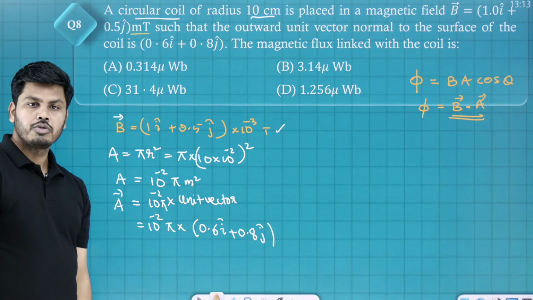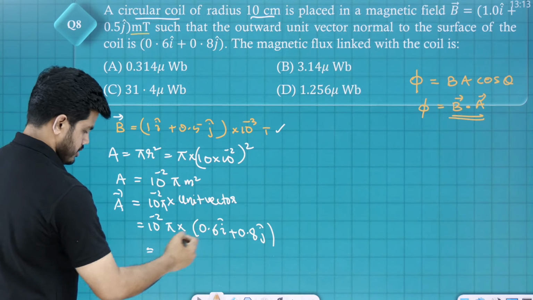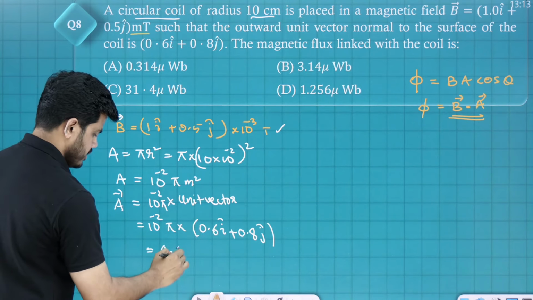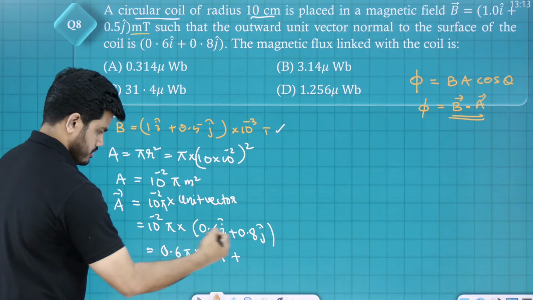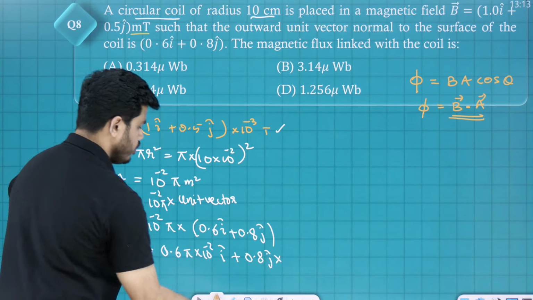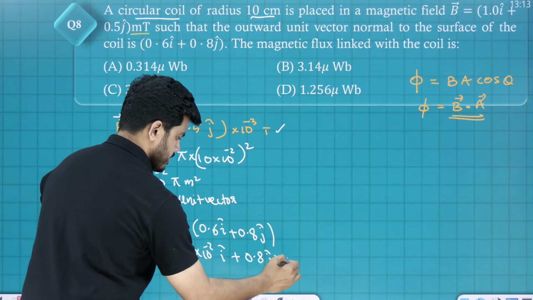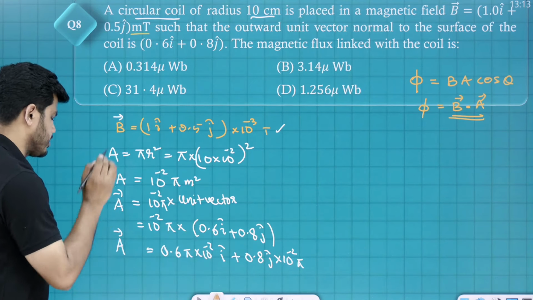Done. So we get 0.6 pi into 10 raised to minus 2 i cap plus 0.8 j cap into 10 raised to minus 2 pi. So now we have the area also in the vector form.